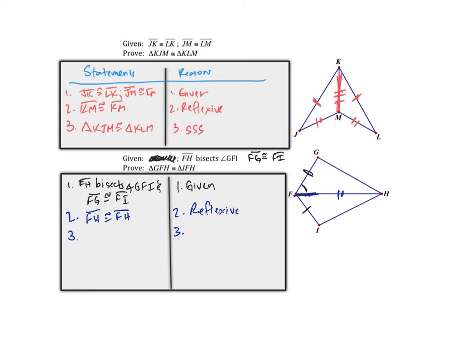If I know that this bisects it, then I could say angle GFH is congruent to angle IFH by definition of angle bisector. So it cut it into two equal angles right in here. So now I'm pretty much done with the proof. I could say that triangle GFH is congruent to triangle IFH, and this is by side, angle, side. And I'm done. All right, that's it.